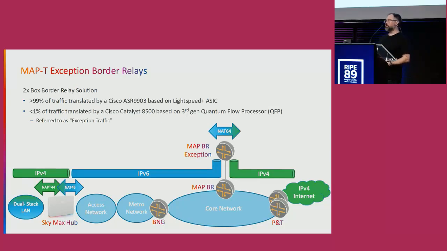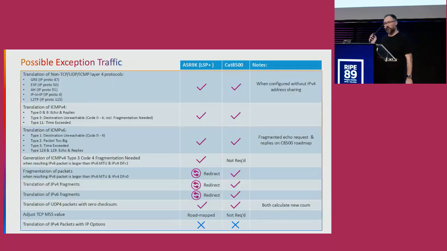The absolute majority of traffic is translated by a Lightspeed Plus based Cisco ASR 9903. But there's still a small percentage of traffic that needs to be punted off box to an exception handler for special treatment. And this is the Catalyst 8500 that we're using for that function.